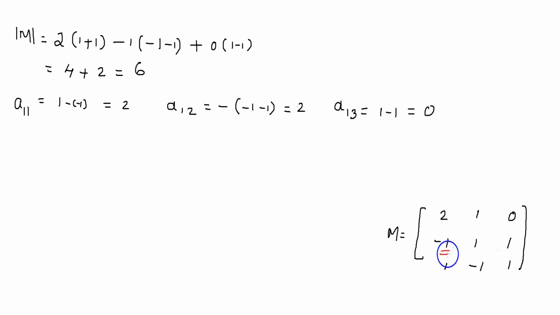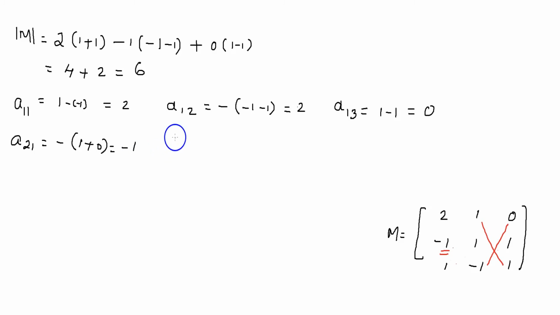Cofactor of A21 is negative of minor of A21. Here the minor of A21 is 1, 0, minus 1, 1. After cross multiplying we get the cofactor of A21 as negative of 1 plus 0, which is equal to negative 1.